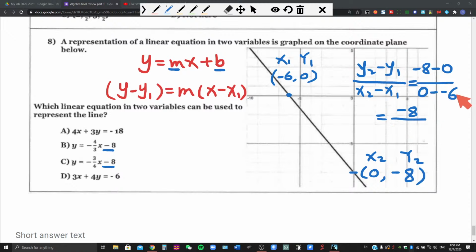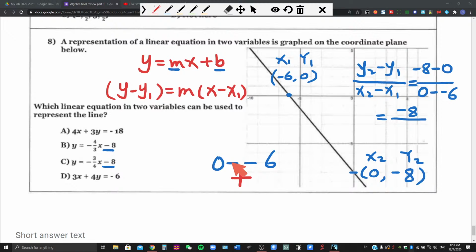Then 0 subtract negative 6: when you have subtract negative, those two bars side by side, imagine we put them across, they will make a plus. So this will become a positive 6.